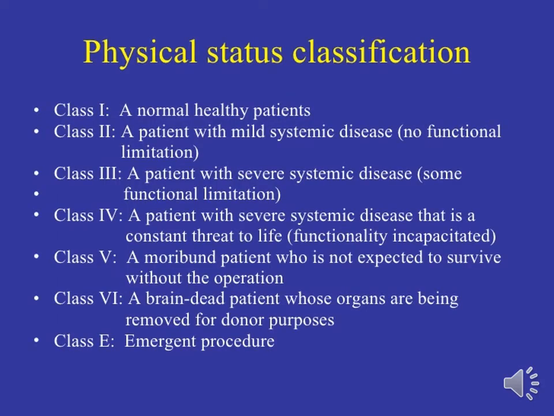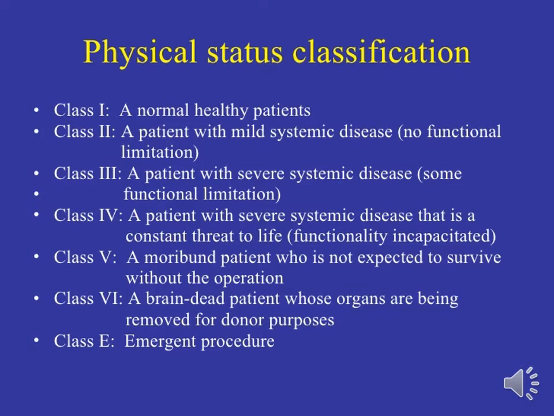The physical status is classified into 6 categories. First class, a normal healthy patient. You deal with a patient with normal condition and give anesthesia without any problem. Class 2, a patient with mild systemic disease, no functional limitation, no problem from this systemic disease, and can be treated as class 1.